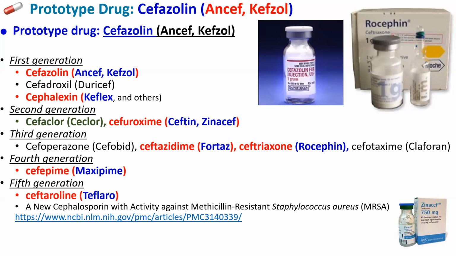So if there is resistance to cephalosporins, we would prescribe the fourth and fifth generation. For example, Maxipime or cefepime, a fourth generation agent, is capable of entering the CSF to treat central nervous system infections, like meningitis.